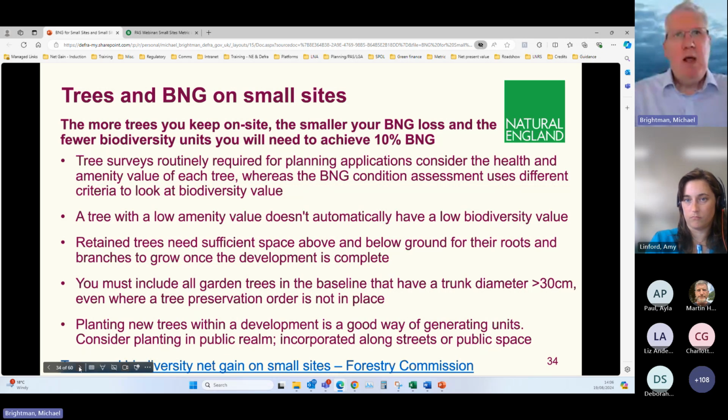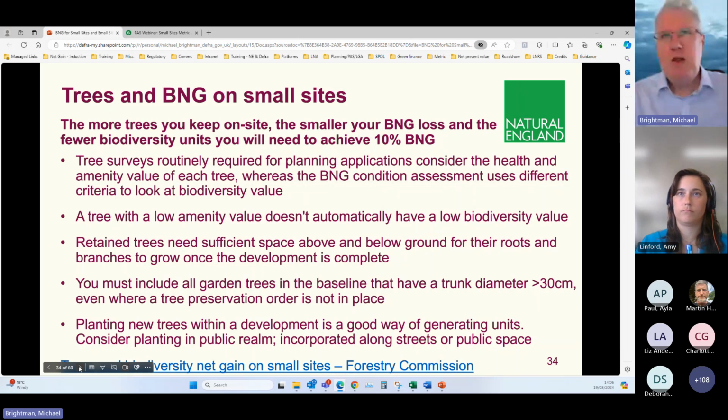And a reminder here that all garden trees that have a trunk diameter at breast height of greater than 30 centimetres must be included in the baseline. So a medium tree or higher needs to be in the baseline. And that is also the case even where a tree preservation order isn't in place.